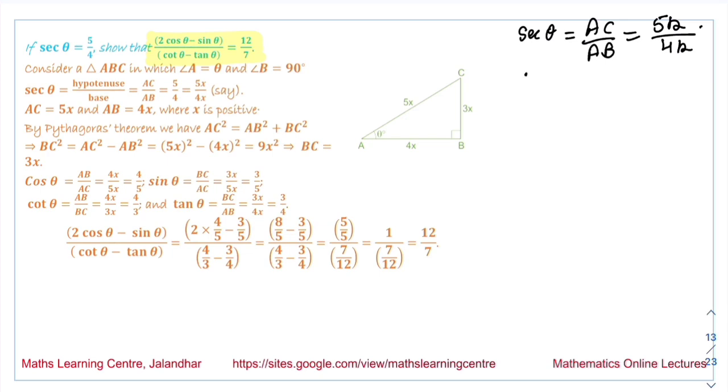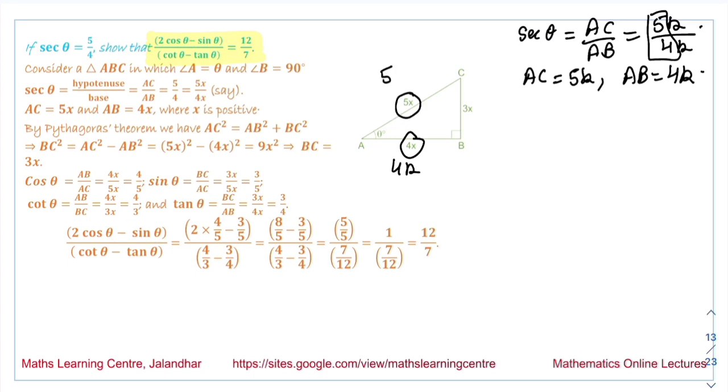So AC is 5k and AB is 4k. These values are AB is 4k, AC is 5k.